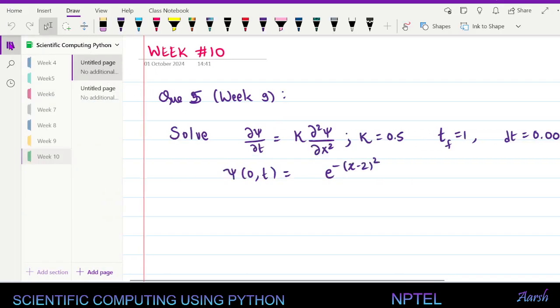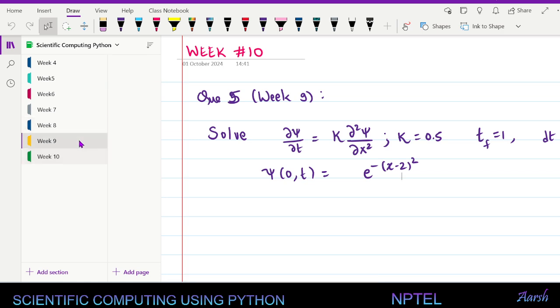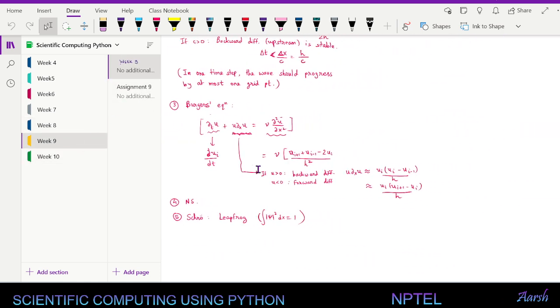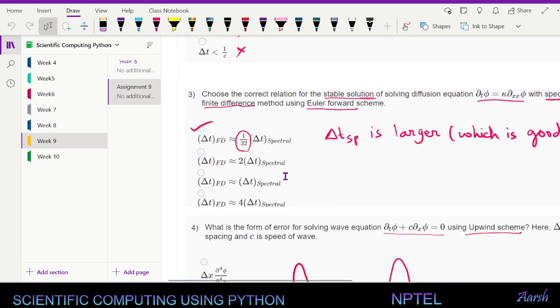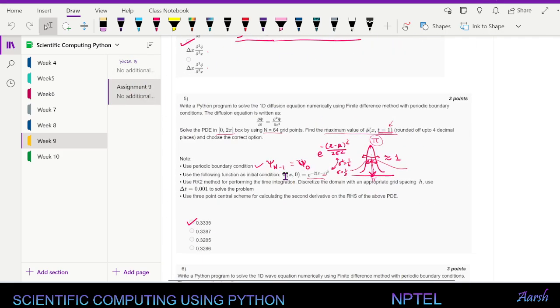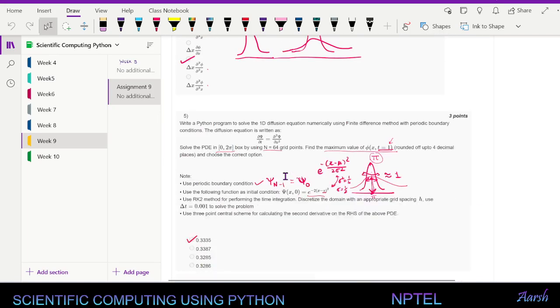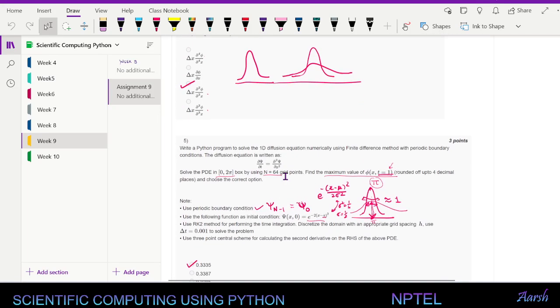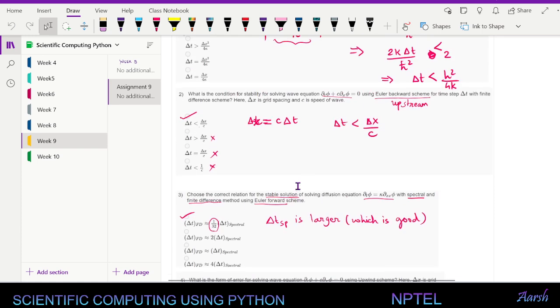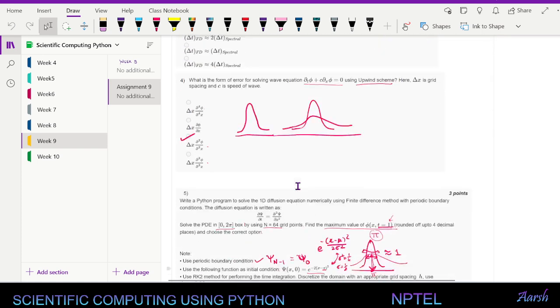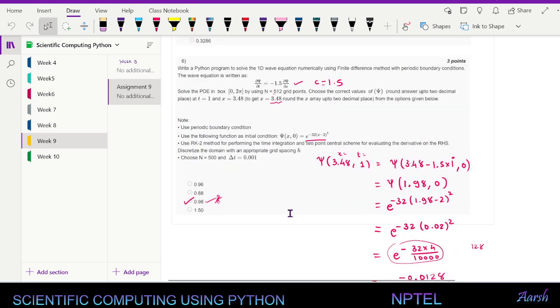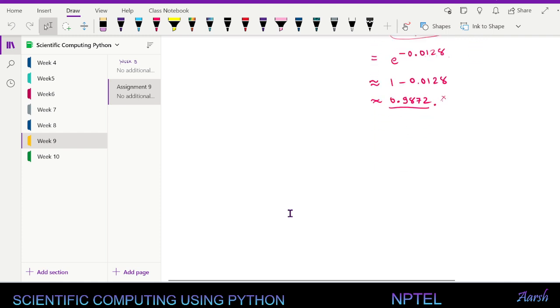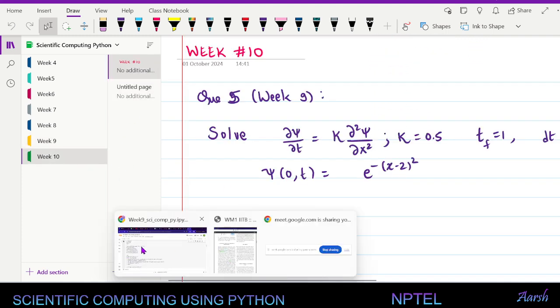Okay, let's try. We had done some theoretical calculation, right? Let's just check if we can do it for this one. I can't find it. Maybe it's there in the code itself.